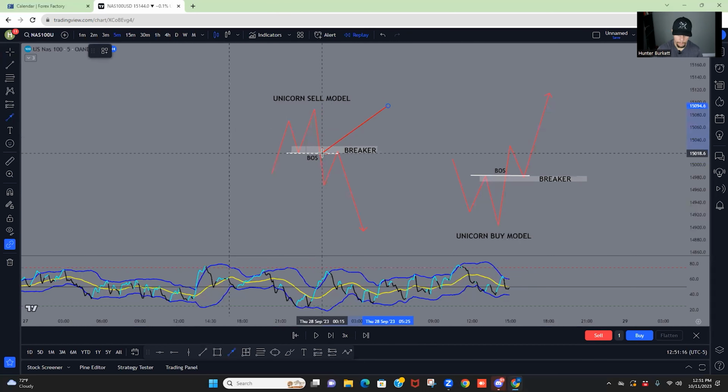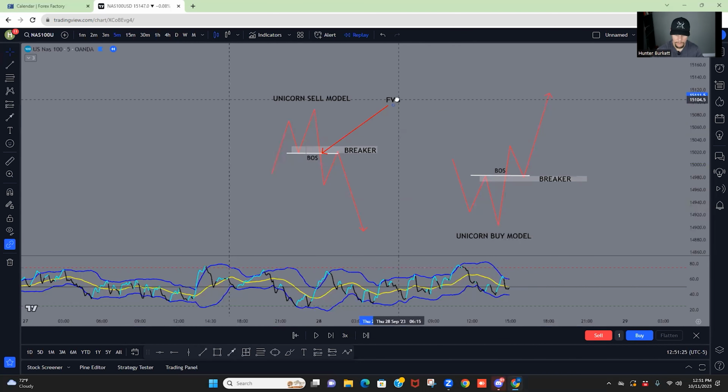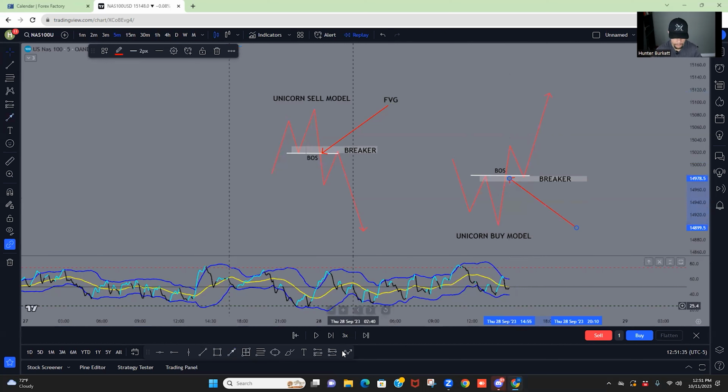There will be a fair value gap with the breaker. And that's what makes it high probability. That's what makes it a unicorn setup. I'm going to show you examples.